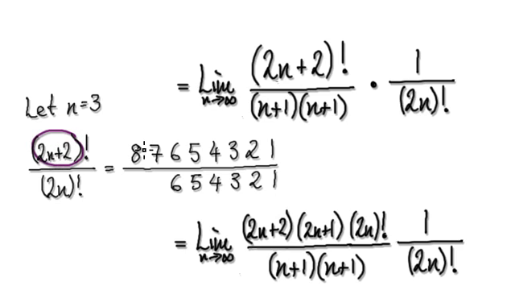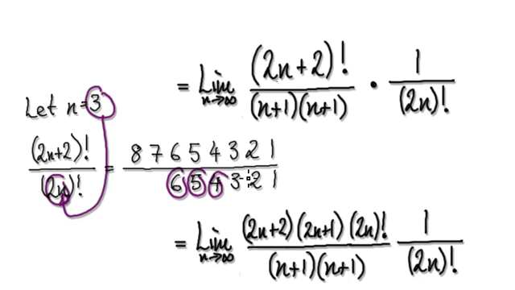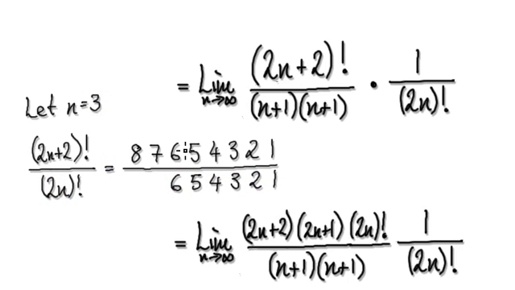So this factorial would mean 8 times 7 times 6 times 5 times 4 times 3 times 2 times 1. Now for 2n, put 3 in here. That will be 6 times 5 times 4 times 3 and so on.